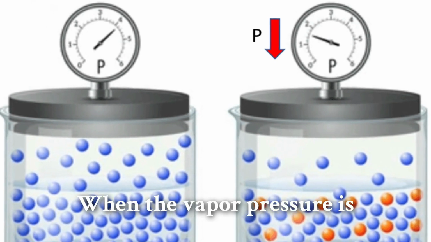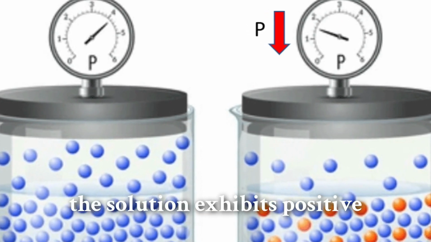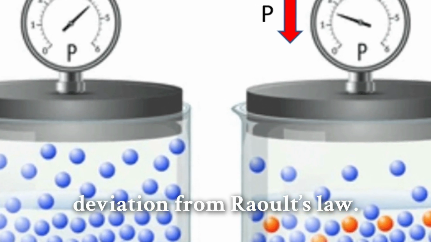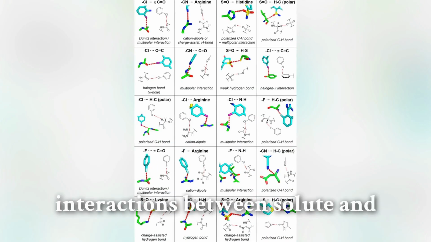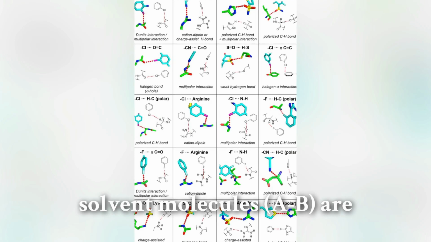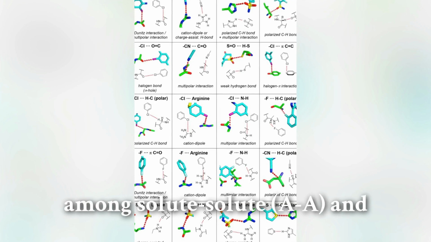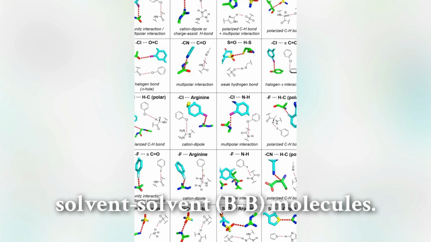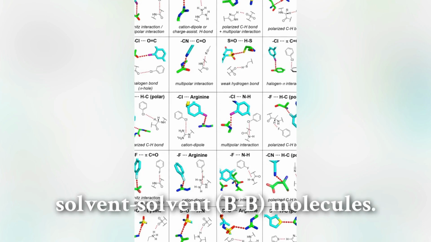When the vapor pressure is higher than expected, the solution exhibits positive deviation from Raoult's law. This occurs when the interactions between solute and solvent molecules, A-B, are weaker than the interactions among solute-solute, A-A, and solvent-solvent, B-B, molecules.